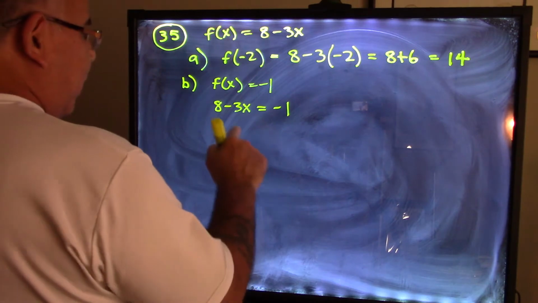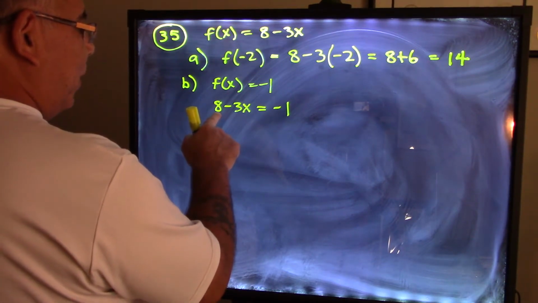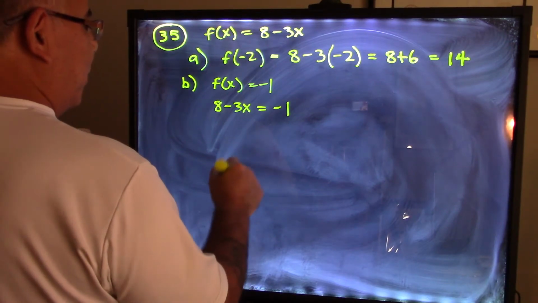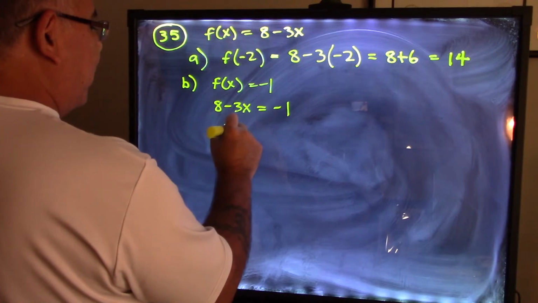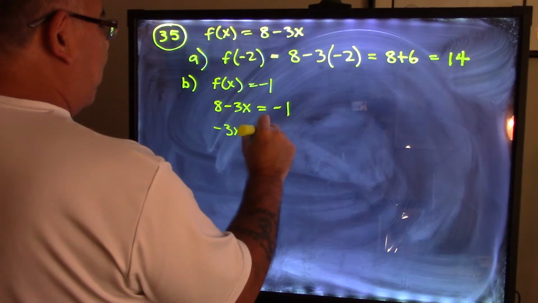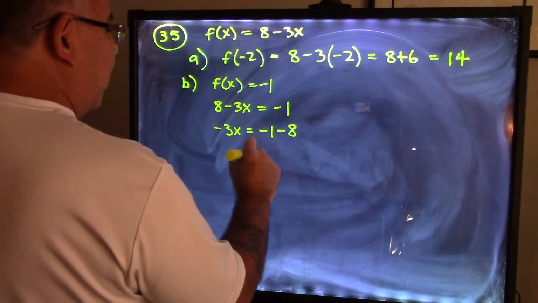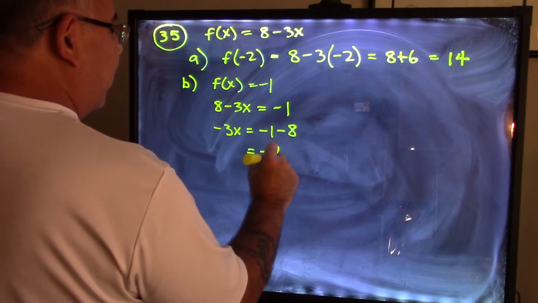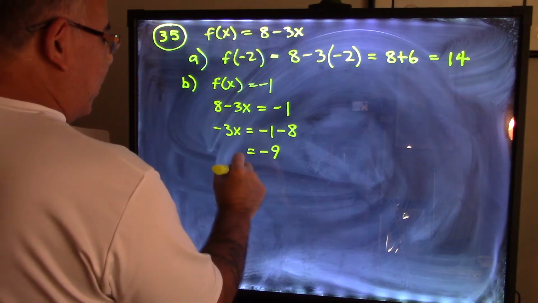This one's a pretty easy one to solve, like Algebra 1 stuff. Subtract 8 from both sides, or move the 8 to that side and change it to a negative. So you get -3x equals -1 minus 8, and that equals -9. So you have -3x equals -9. That means x must equal 3.